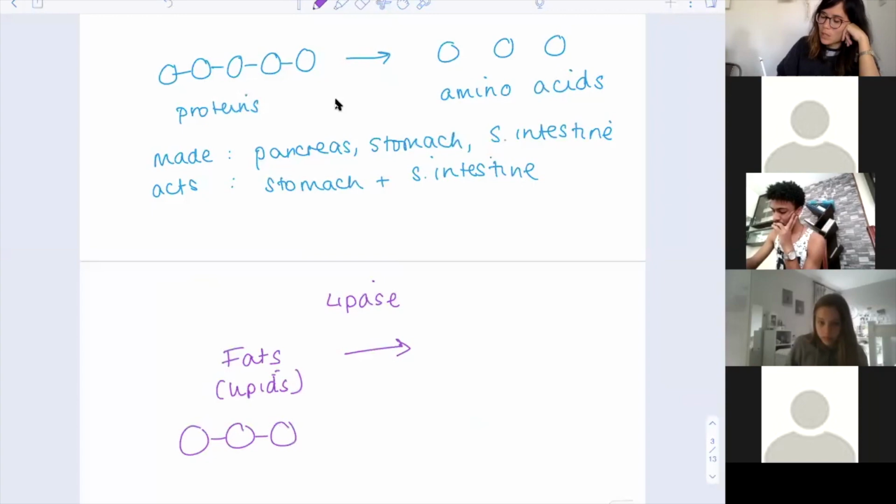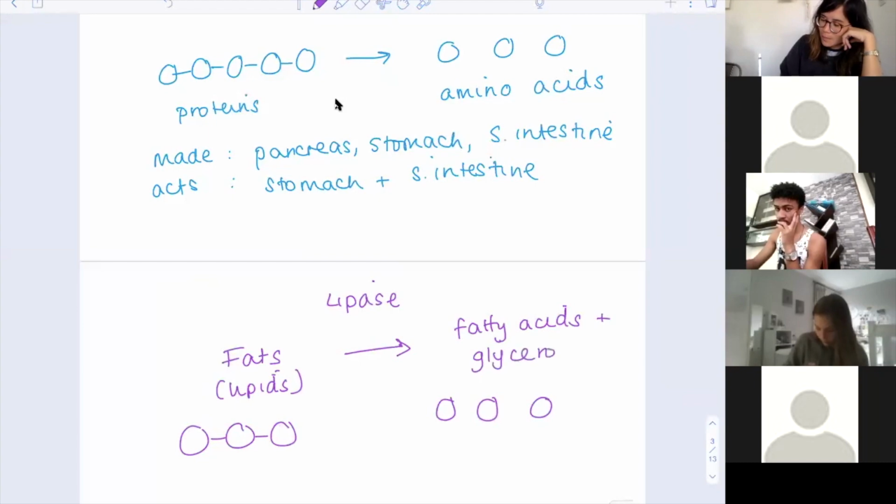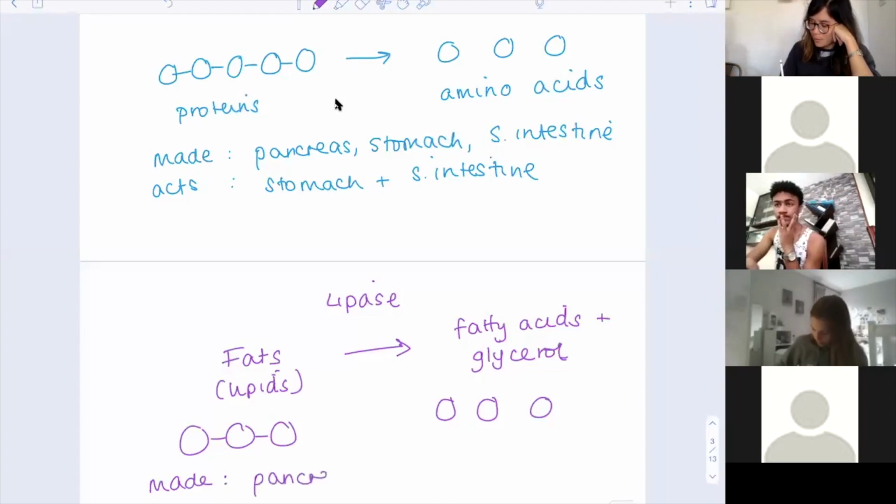It breaks down the fats or the lipids, excuse me, into fatty acids and glycerol, so slightly more complicated. Now, lipase is made in the pancreas, and it's acting in the small intestine.